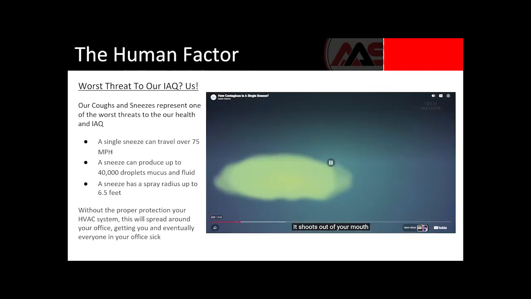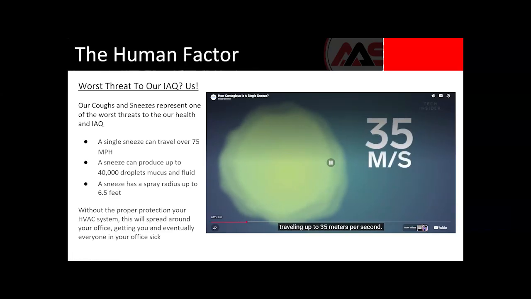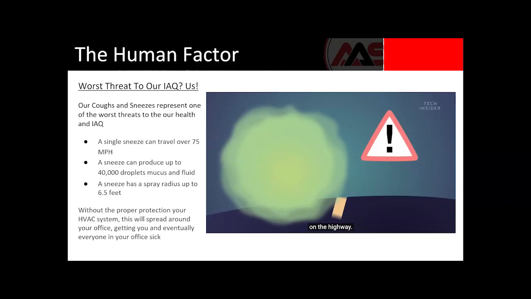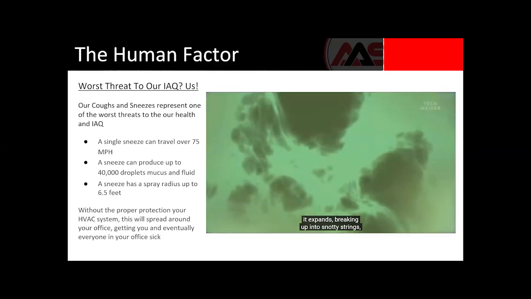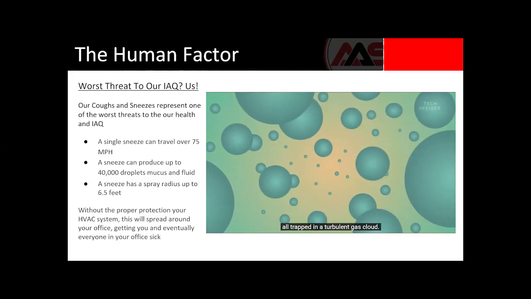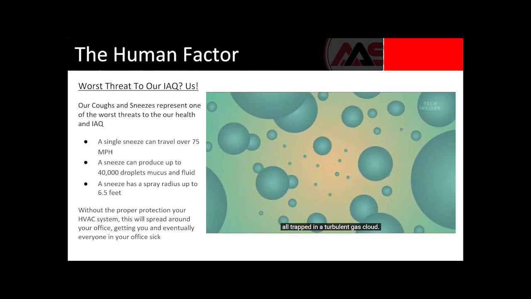It shoots out of your mouth in the form of moist, germ-infested clouds, traveling up to 35 meters per second. That's fast enough to give you a speeding ticket on the highway. Once that cloud hits the air, it expands, breaking up into snotty strings, then a series of different-sized droplets, all trapped in a turbulent gas cloud.